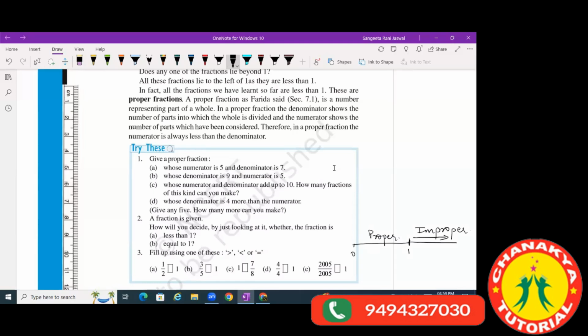Suppose I took the example 10 by 7 for an improper fraction. Let's divide 10 by 7. 7 ones are 7, then I have 3 in the remainder, then zeros, so there is a decimal point. 7 fours are 28, so I have 2 here and again 0.